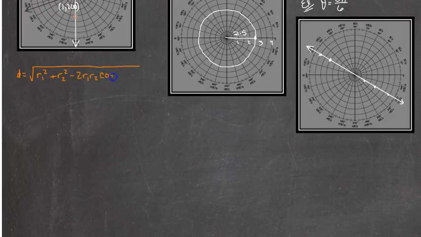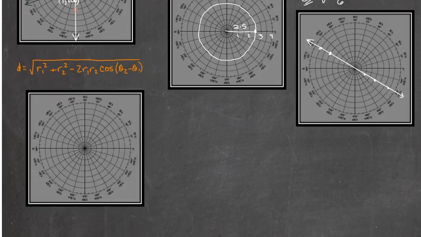This is looking familiar, isn't it? It's almost exactly the law of cosines, but more importantly, what does this describe?